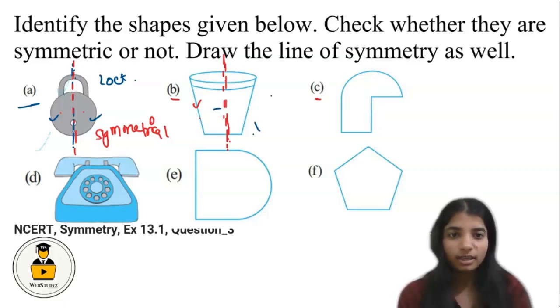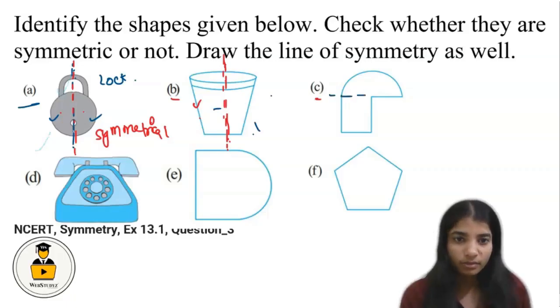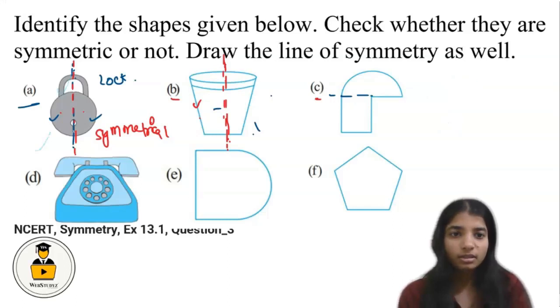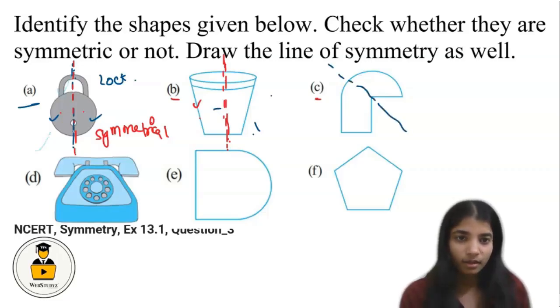Now we can draw other lines. If we draw the line of symmetry from the center as this, we get the upper end as this and the lower end as this. Again, both of these are different. So this is not our line of symmetry. Now we make another line as well. If we draw the line in this way, again the upper end is somewhat like this and the lower end is somewhat like this.